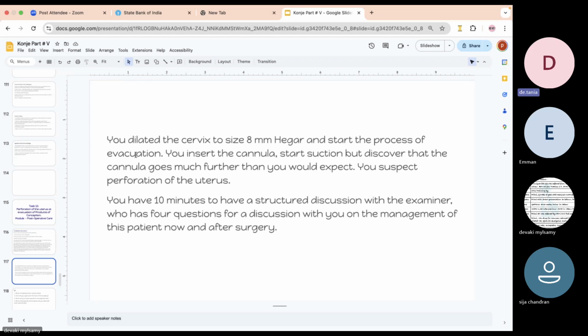So as this is a suspected perforation of the uterus following evacuation of the product of conception, immediately I will stop the procedure, and I will inform the anesthetist that the procedure will take longer, and also inform my consultant obstetrician or gynecologist on call.